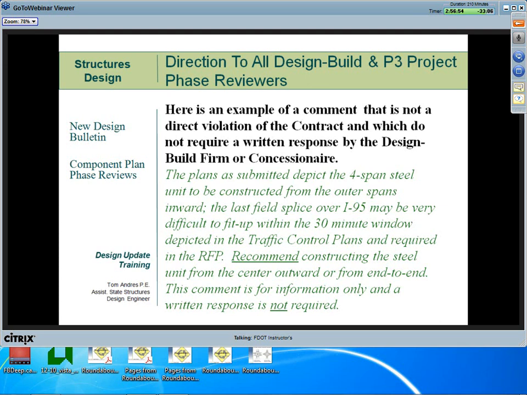The policy of separating design build and P3 comments has been followed successfully for many years now in various disciplines and in various districts.